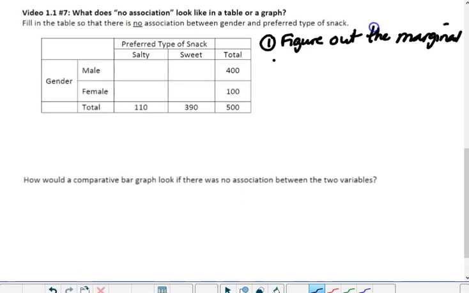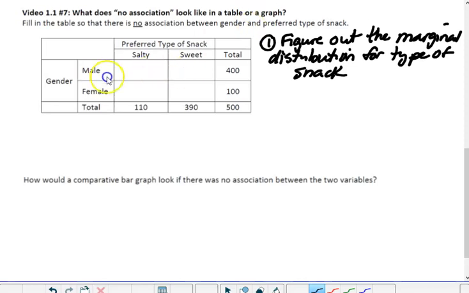Before we did the conditional distributions for male and female for type of snack, right now I want to do the marginal distribution first. So I'm going to be looking at 110 out of 500 and 390 out of 500.